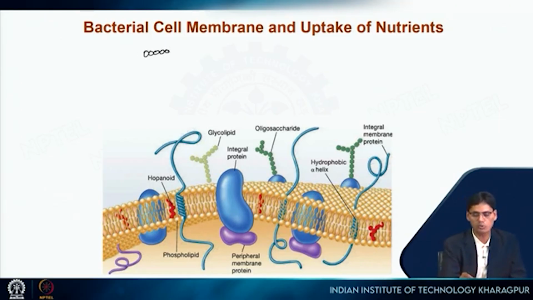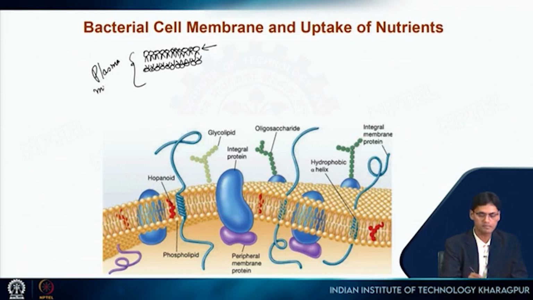The plasma membrane, as you know, is a lipid bilayer, right? This is very similar to the eukaryotic plasma membrane. They are the same, with some minor differences. I will mention that also. So as you can see, this is the lipid bilayer, this is the plasma membrane, here this is the hydrophilic phosphate group, and this is the hydrophobic tail.